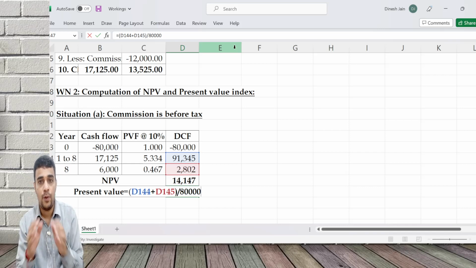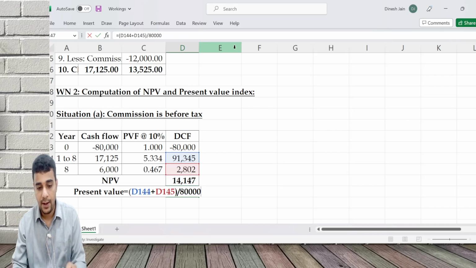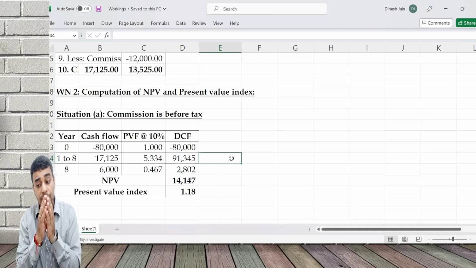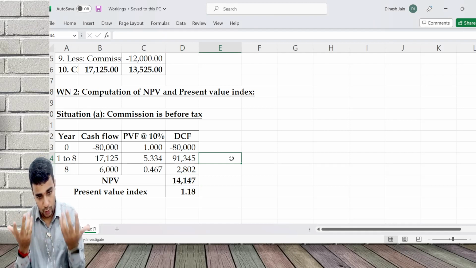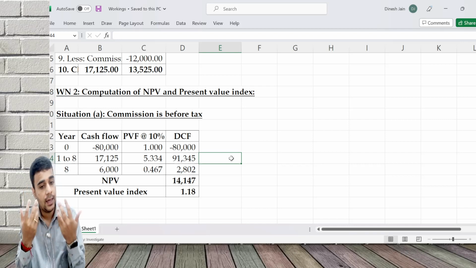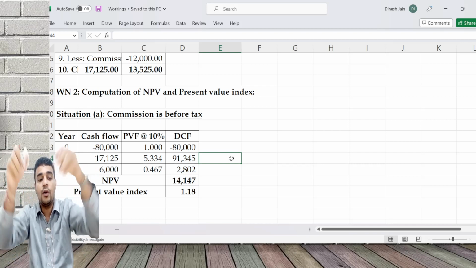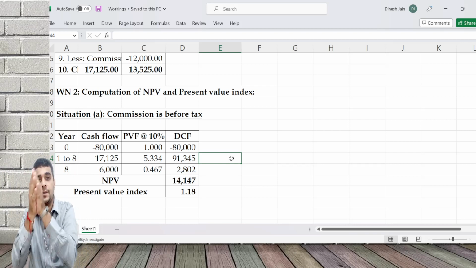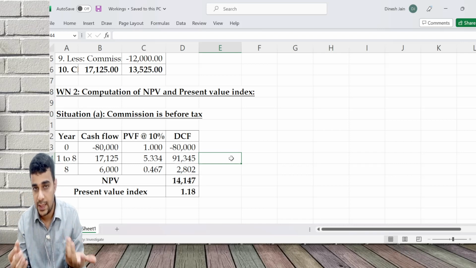Present value of inflow, 1 to 8 and 8th year inflow, divided by the outflow, is 1.18. So if NPV is positive, go ahead with the project. If present value index is more than one time, again go ahead with the project. So you can go ahead with the project if NPV is positive or present value index is greater than 1, which in this case is happening.